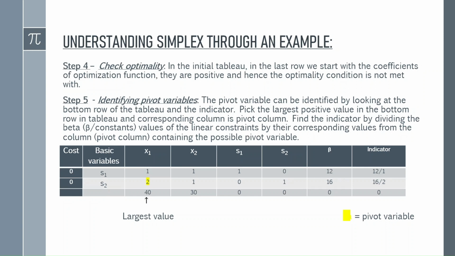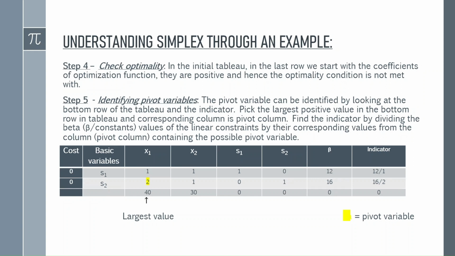Find the indicator by dividing beta values of linear constraints by their corresponding values from the pivot column containing the possible pivot variable. So what we do here is we create an indicator column. The values of the indicator column can be found so the beta value divided by the corresponding x value.